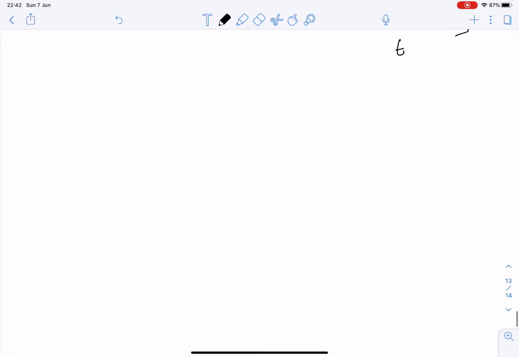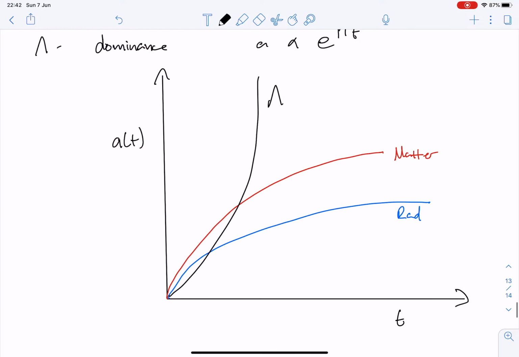And then you can also think about what the real universe is going to look like. So these are model universes, if you like. The real universe that we want to worry about consists of all of those different things, so you can plot that in a little bit more detail.